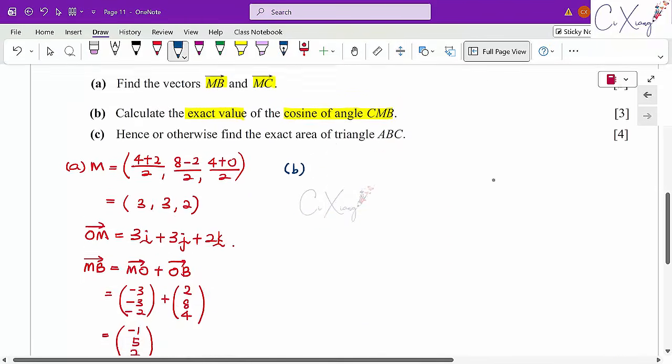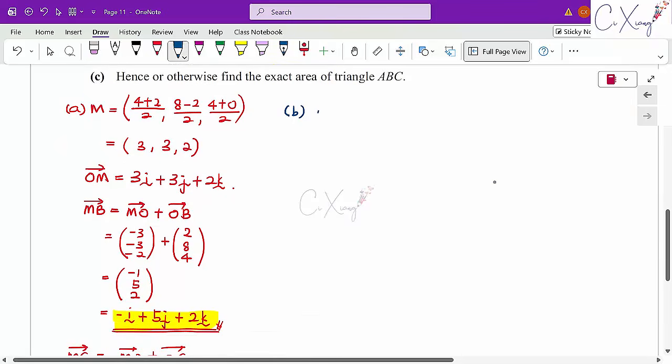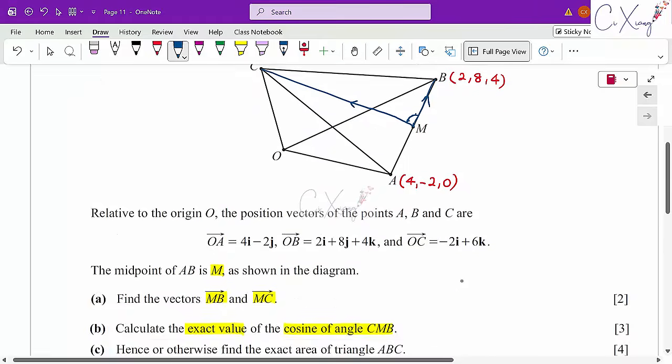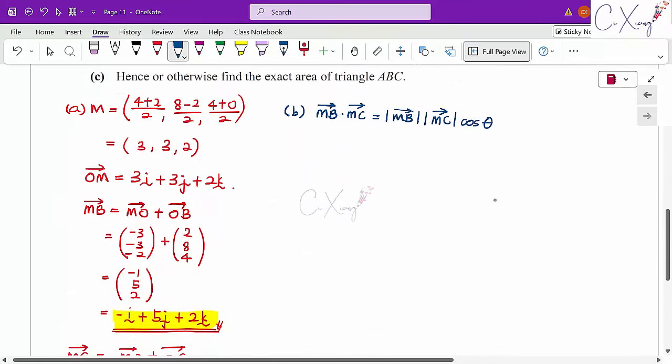For the cosine rule, you should have MB dot MC equals the modulus of MB times the modulus of MC times cos theta, and theta basically means the angle CMB.